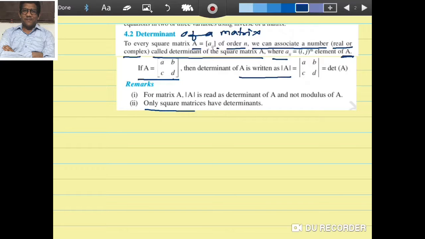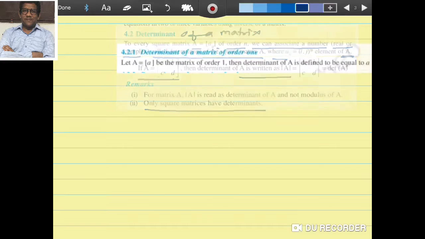It means that determinant is defined only for a square matrix, not for a rectangular matrix.